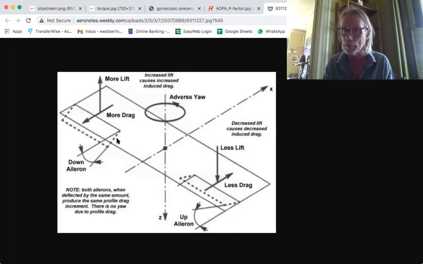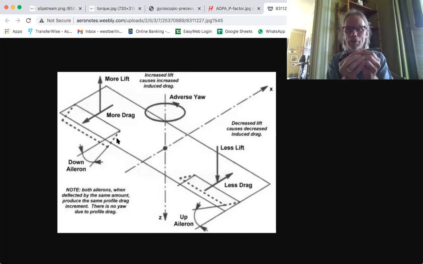Once you've neutralized the ailerons, that phenomenon disappears. That's why when you're banking either left or right, you need to counteract adverse yaw with some rudder input, okay? So let's say you're turning right, just go with this image.